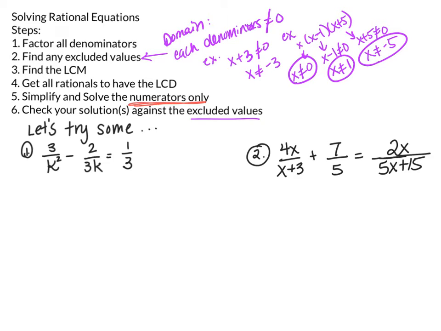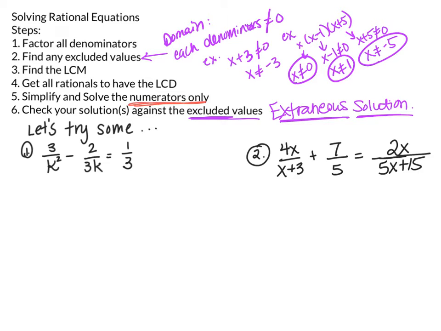Another word for that is an extraneous solution. Remember, we looked at that before. So basically we got that number, but when we go back and check it, it's actually something that should be excluded. Therefore it's an extraneous solution, so it will not be included.